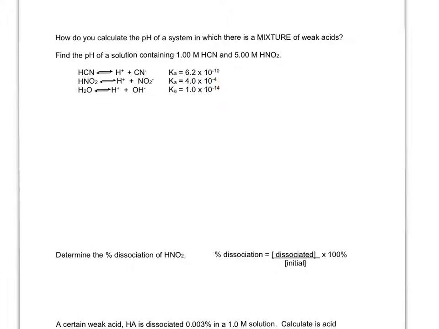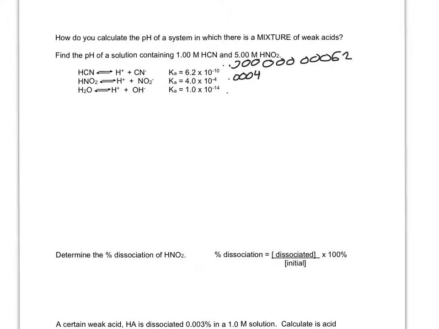Now this, just to show you, the numbers compared to each other, this is 0.0004, right? Now let's look at the top number. That's 0.00000000062.